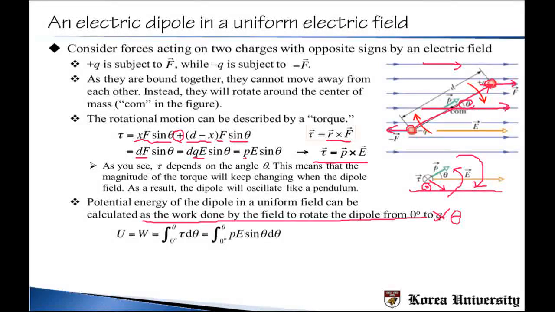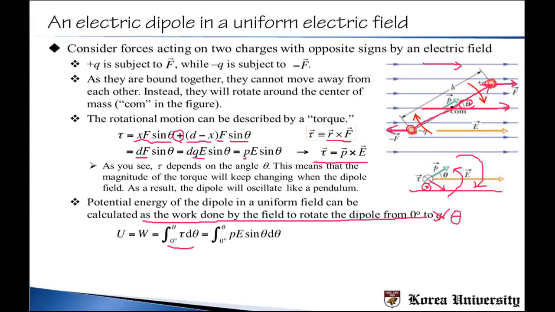To write it explicitly, now the potential energy is equal to the work, and we have to do the integration of the torque as a function of angle theta. This is similar to integrating the force with respect to the displacement, but in this case, it is the angular displacement.